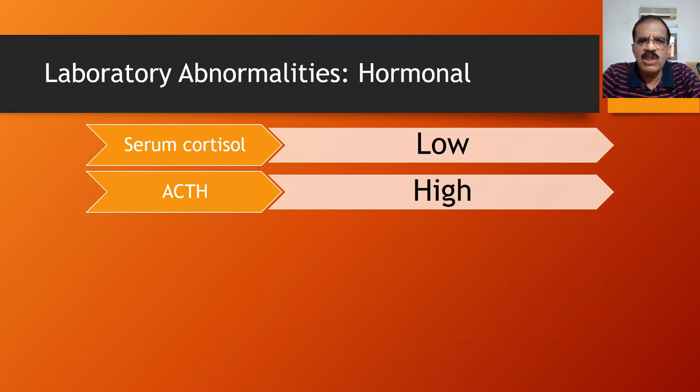Typically, we order these two tests together, and since cortisol has a diurnal pattern, these tests should be done at a specific time. The best time is morning, in the fasting state, about 8:30; the patient should be asked to go to the laboratory and have these two tests. I suggest you should never have cortisol alone or ACTH alone.